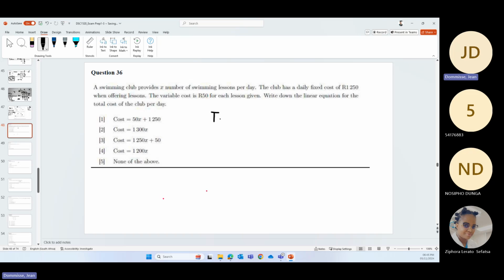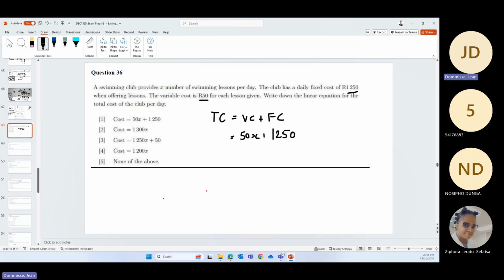Okay, so total cost we know is variable cost plus fixed cost. They told us the fixed cost is 1250. And then they told us the variable cost is 50 Rand per swimming lesson.